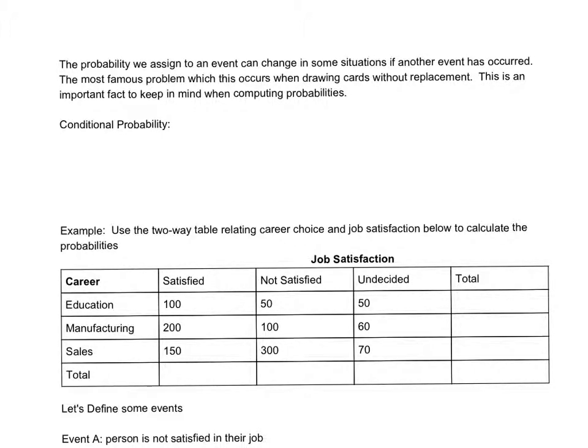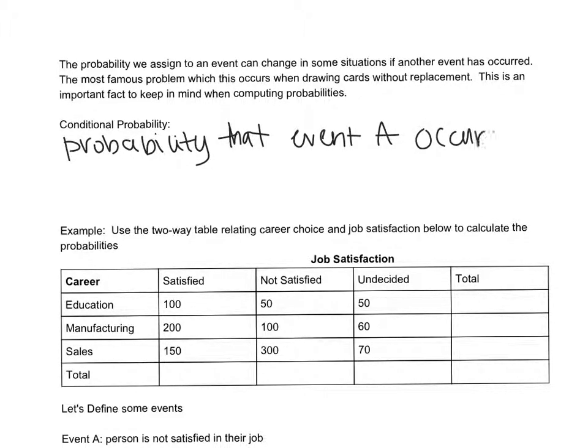So conditional probability is the probability that event A occurs given that event B has occurred.